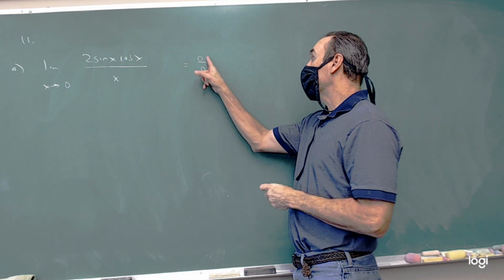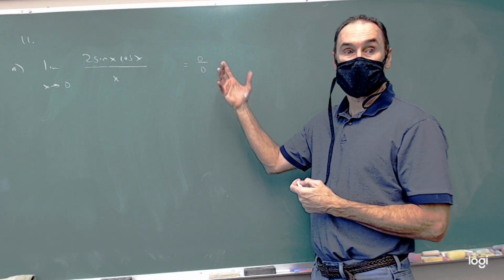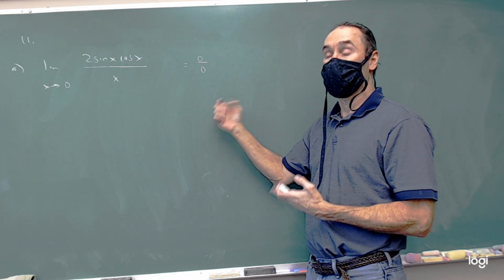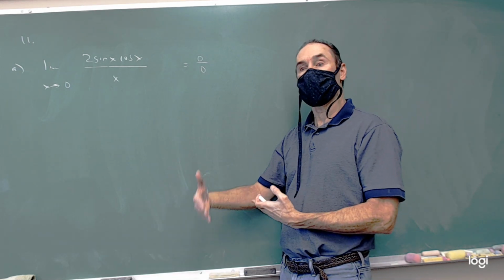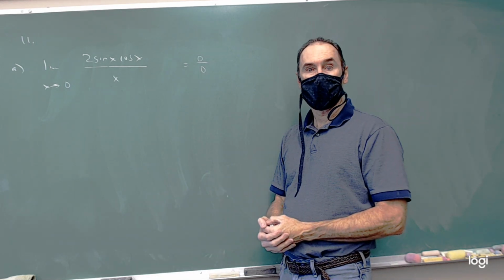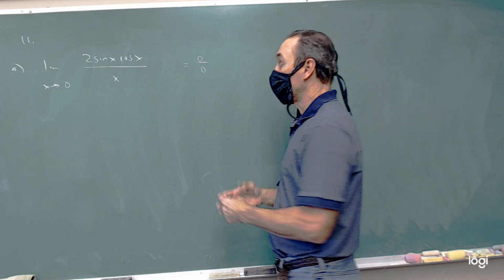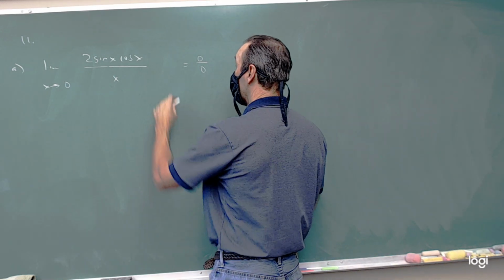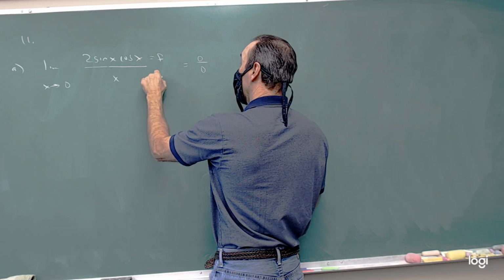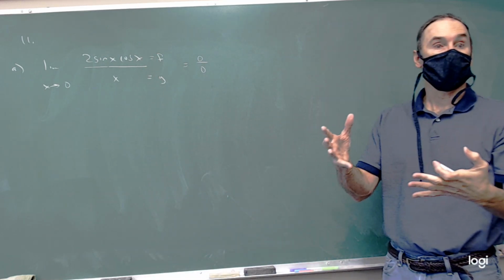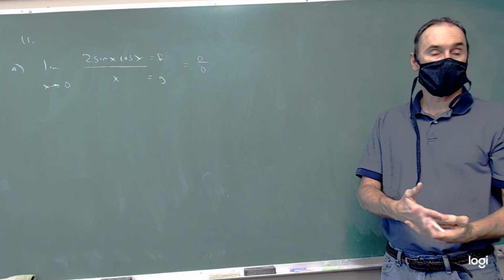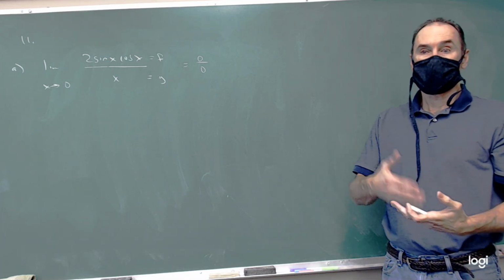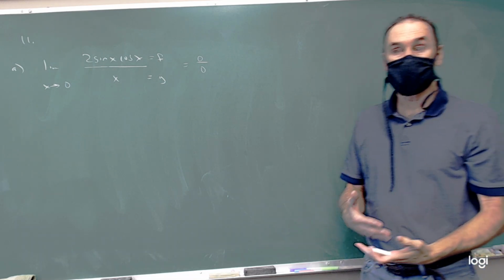So now, at least in our own mind, we understand it is indeterminate, but it's the right indeterminate form that we can use L'Hopital's rule. So to use L'Hopital and do it right, we're going to say this is F and that's G. So we're going to show that the numerator is equal to 0 at 0 and the denominator is equal to 0 at 0. That's one of the conditions for L'Hopital's rule.